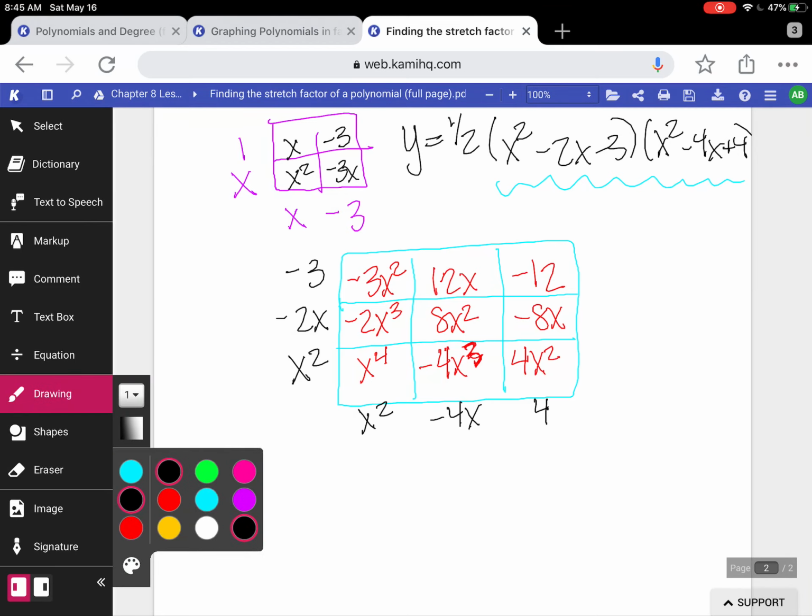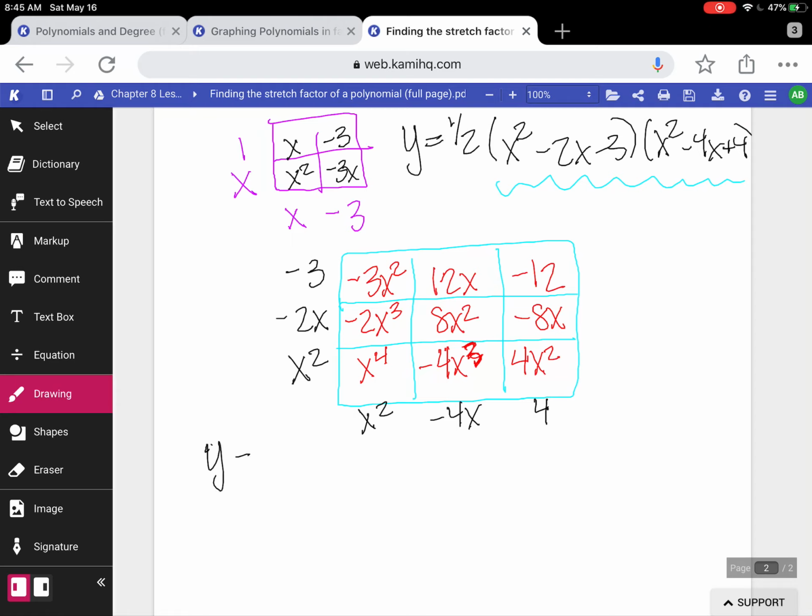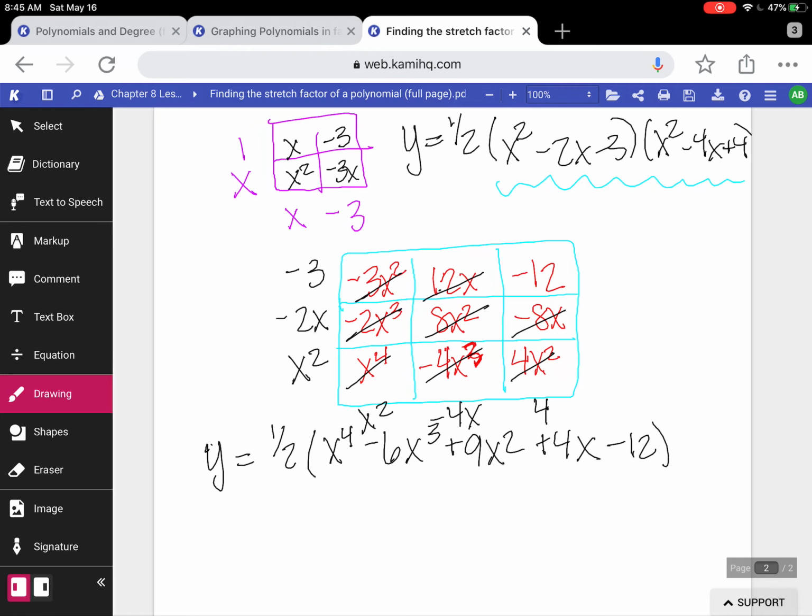All right, so now we're going to add those up. So we have y equals 1/2 times, we have an x to the 4th, we have negative 6x to the 3rd, that would give us 1x squared plus 8x squared would give us plus 9x squared. And we have 12 minus 8 would give us 4x, minus 12.